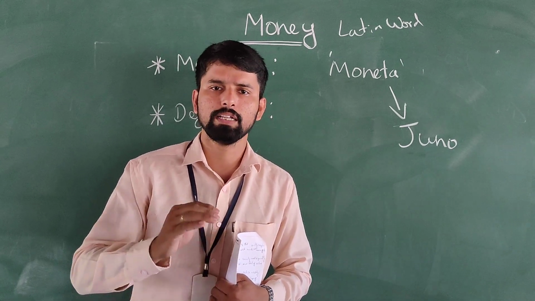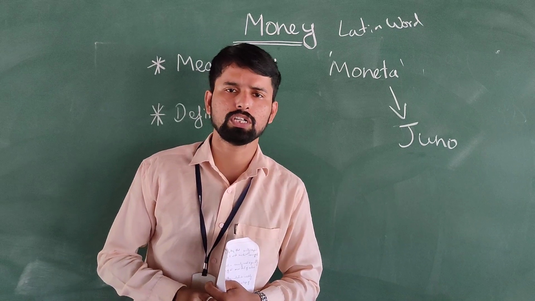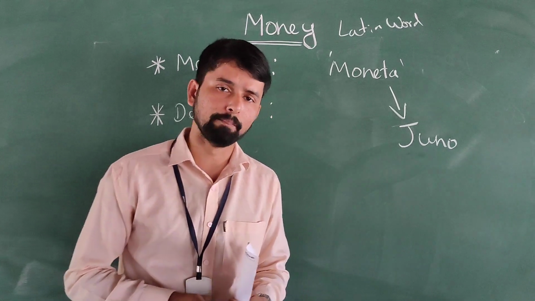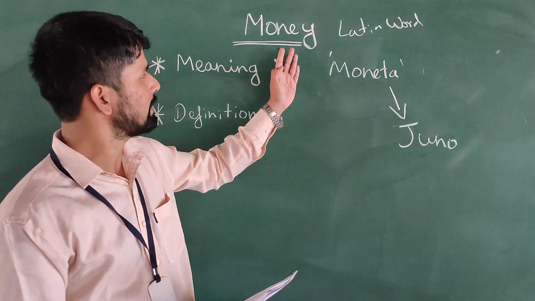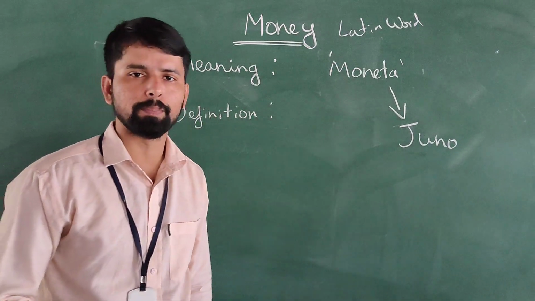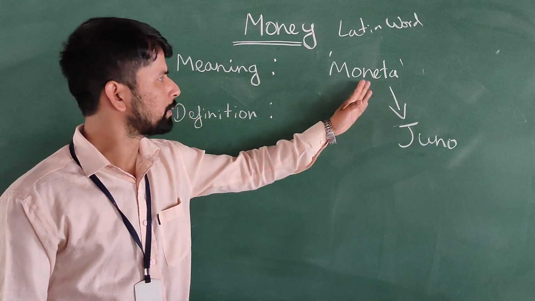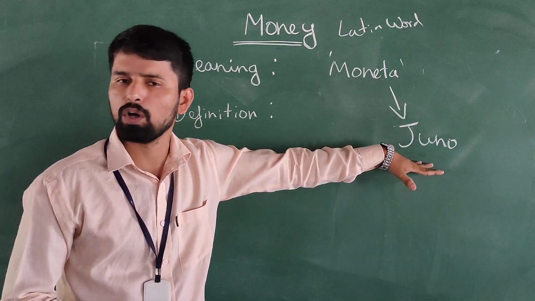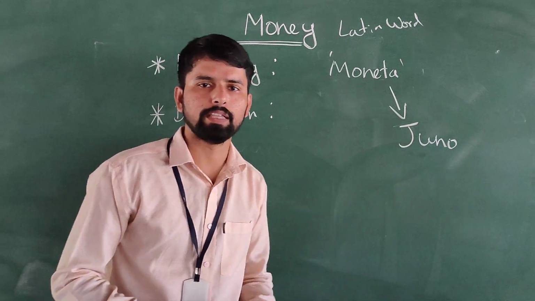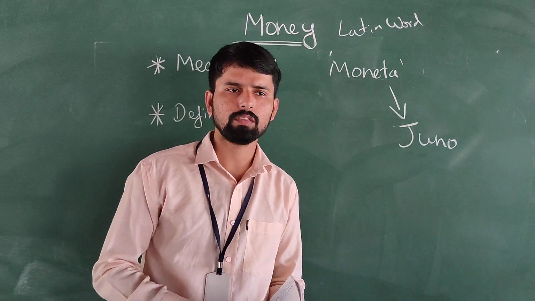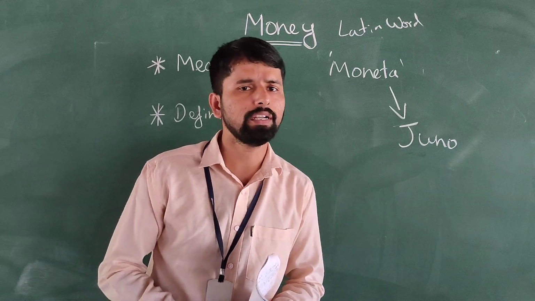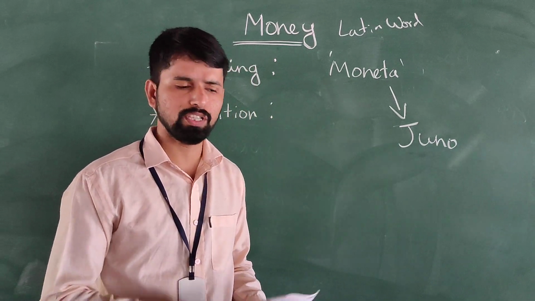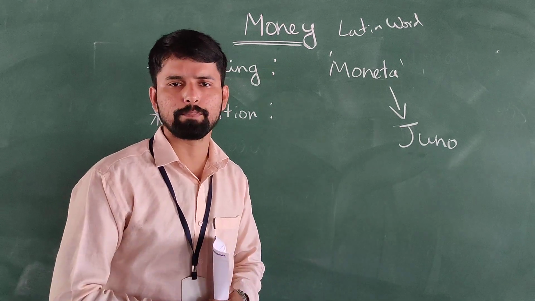So that is why the modern concepts of coins, coinage and paper currencies emerged. That goes back to the Roman goddess Moneta, the surname of Juno. In the temple of Juno, they coined money or money standards. So that is the origin of money.